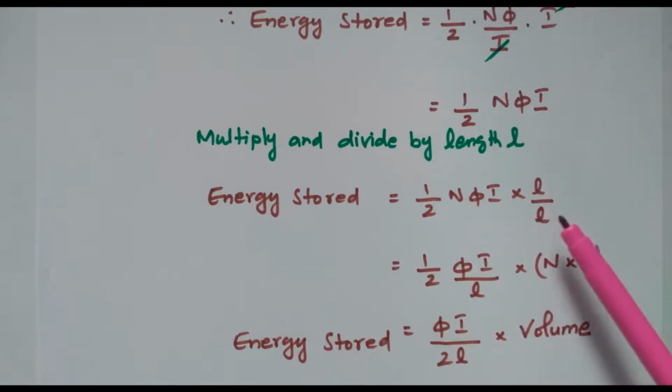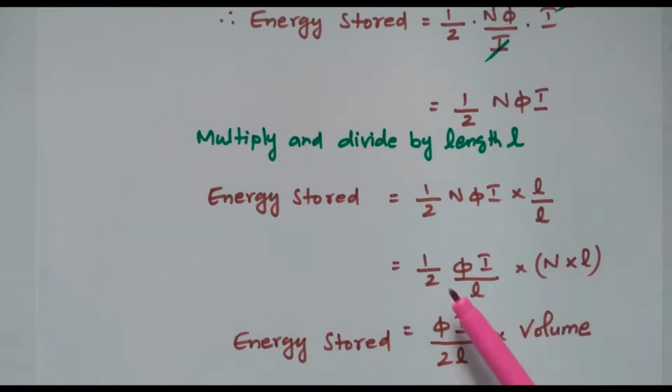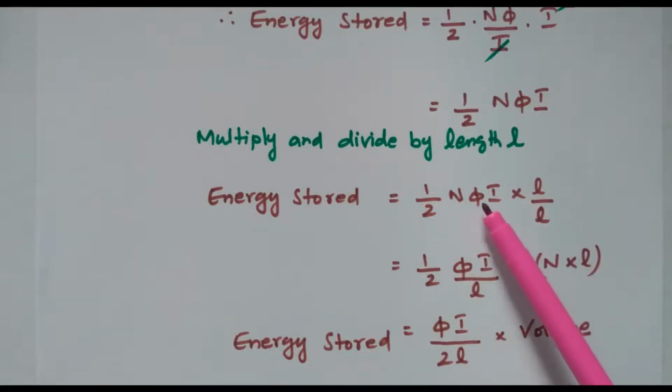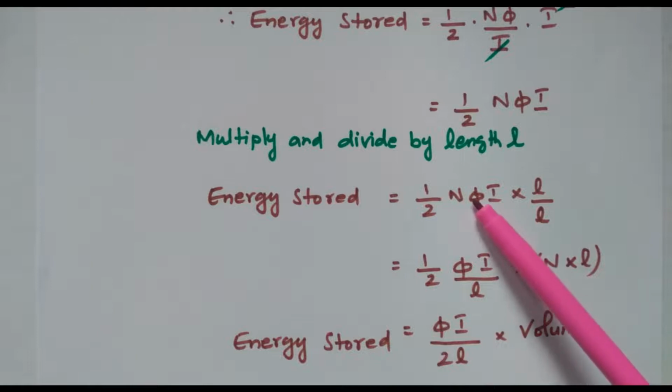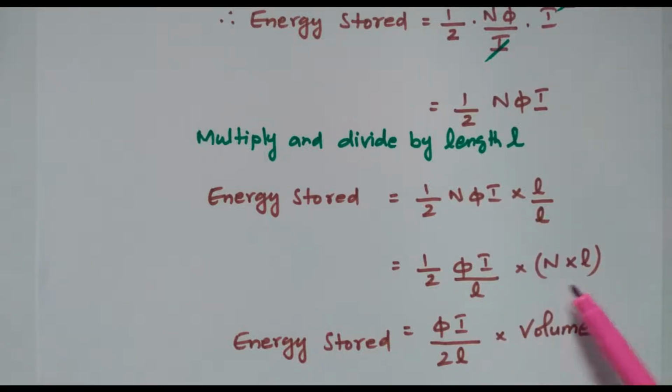While multiplying and dividing, the original value will not change. Now rewrite this: N into l is written separately, and the remaining phi I divided by l is rearranged. N into l is the number of turns into length, which is nothing but a volume, right? So it is written as phi I divided by 2l into volume.